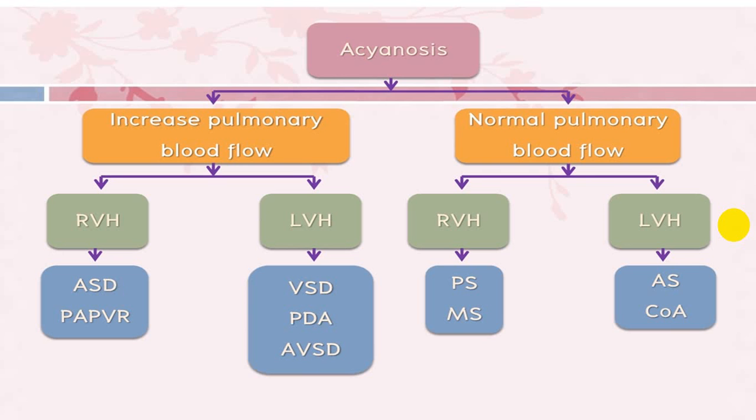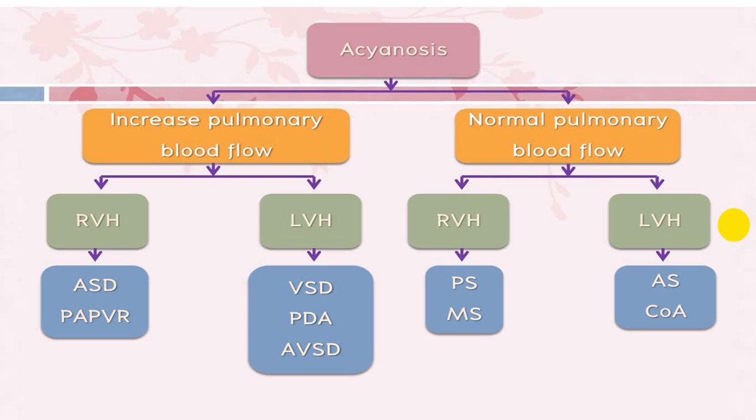In ASD, you will get RVH, and in VSD, PDA, and atrioventricular septal defect, because there is increased load on the LV, you will have LVH. In case of pulmonary anomalous venous return, there will be again more of RVH, and there will be increased pulmonary blood flow.